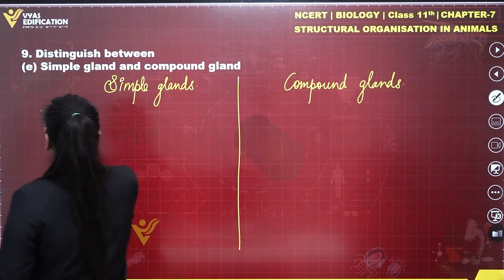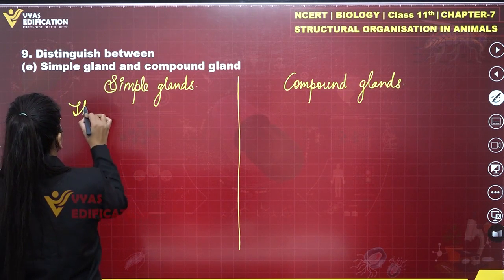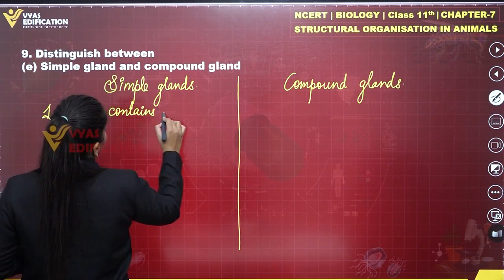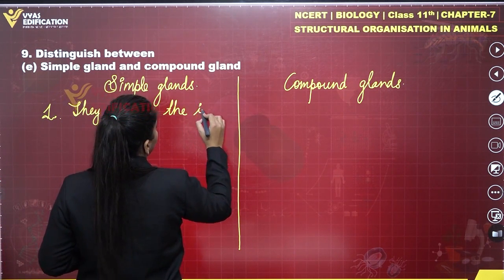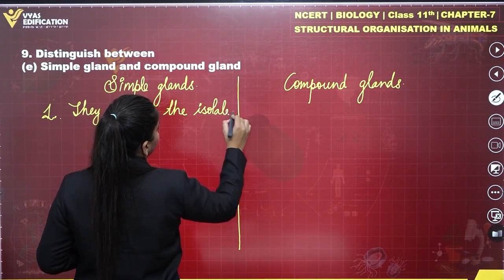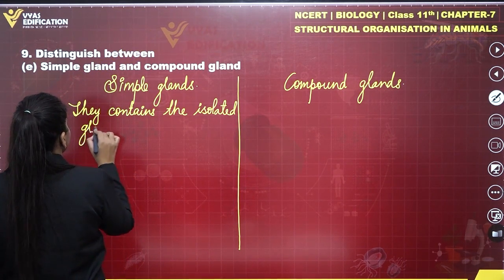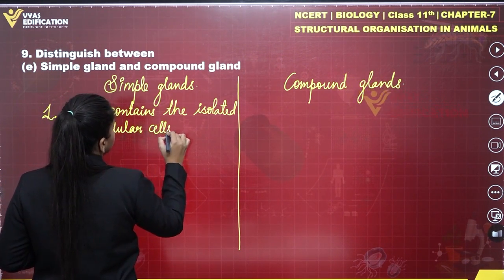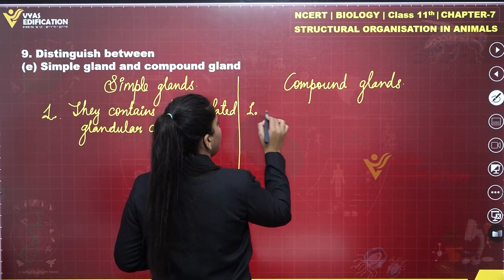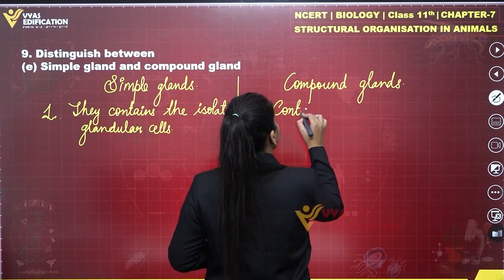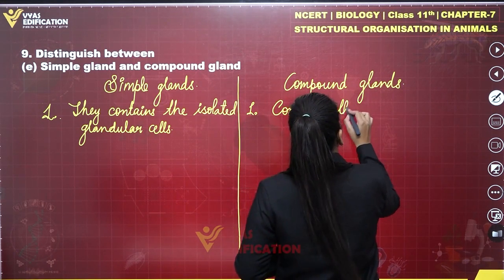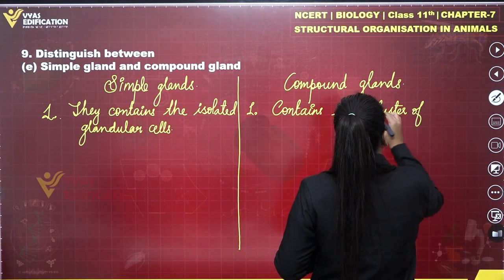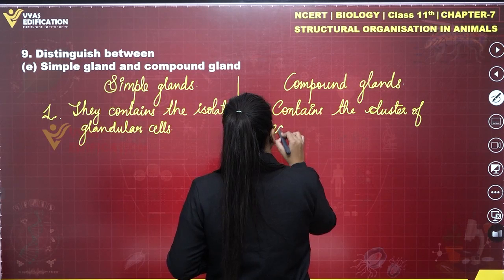The first point: simple glands contain isolated glandular cells, whereas compound glands contain clusters of secretory cells.